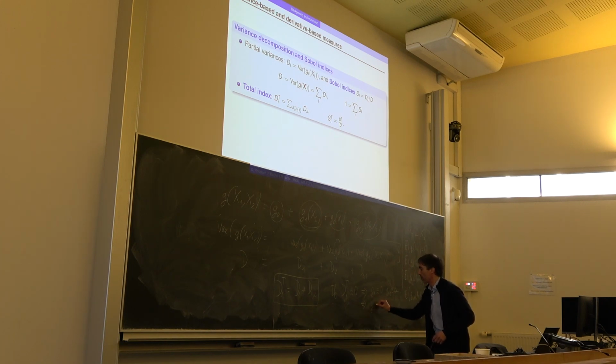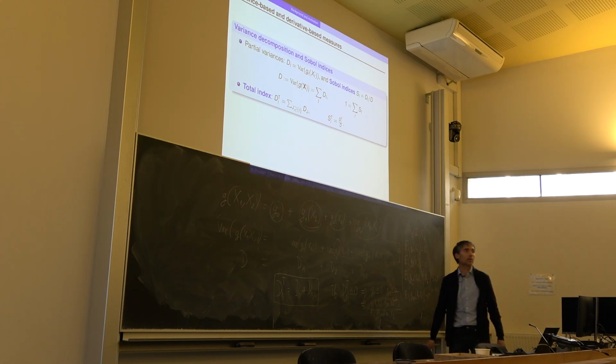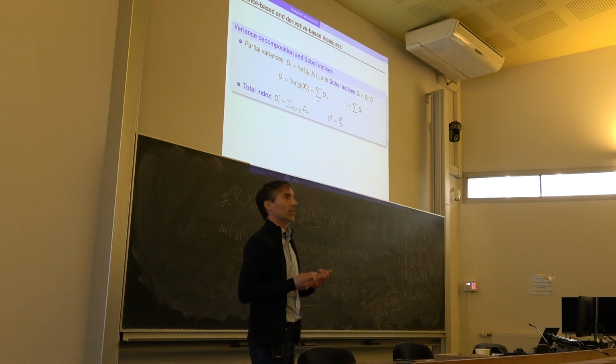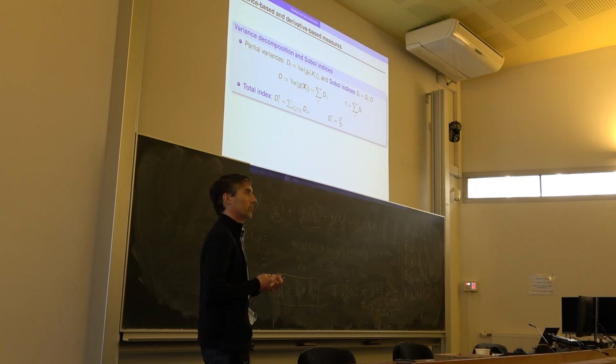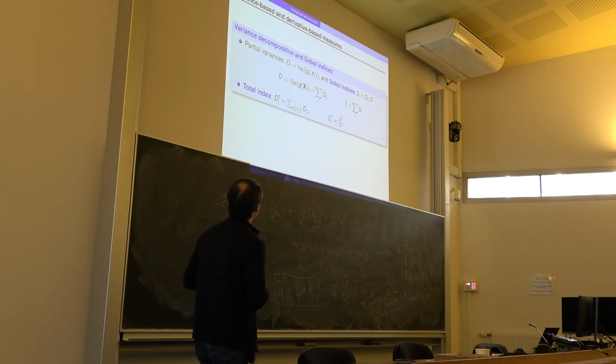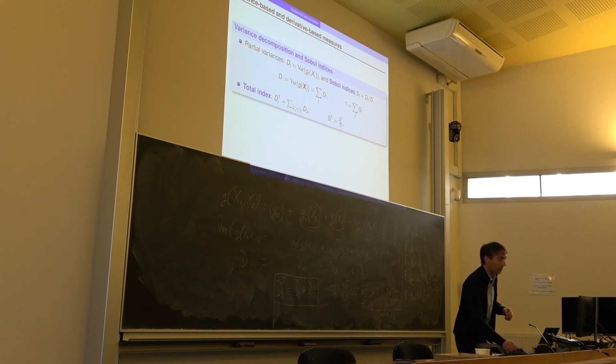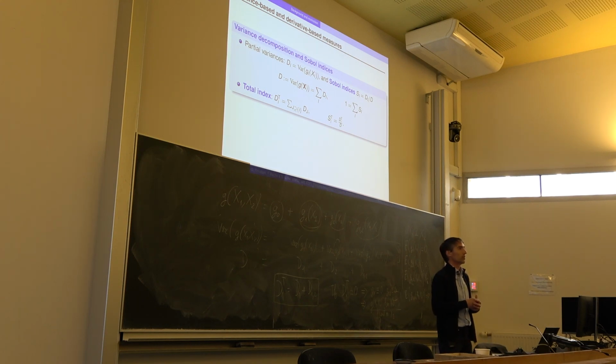So G does not depend on x1. Okay? So I have a way to discard a non-influential variable. Do we have questions at this stage? It's fine?